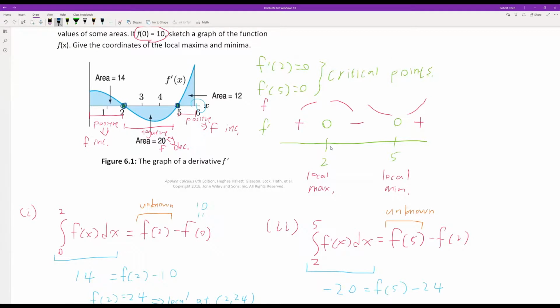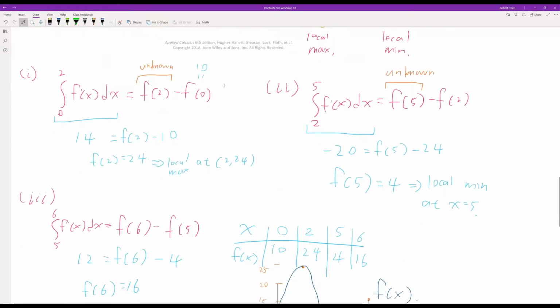Determine whether they're local maximum or local minimum by analyzing the graph, whether it goes from positive to negative or negative to positive. And then once you have done that, you want to find the values at those local maximum or local minimum by doing definite integrals and utilizing the area under the curve to help you find the value, in this case, local max and local min.